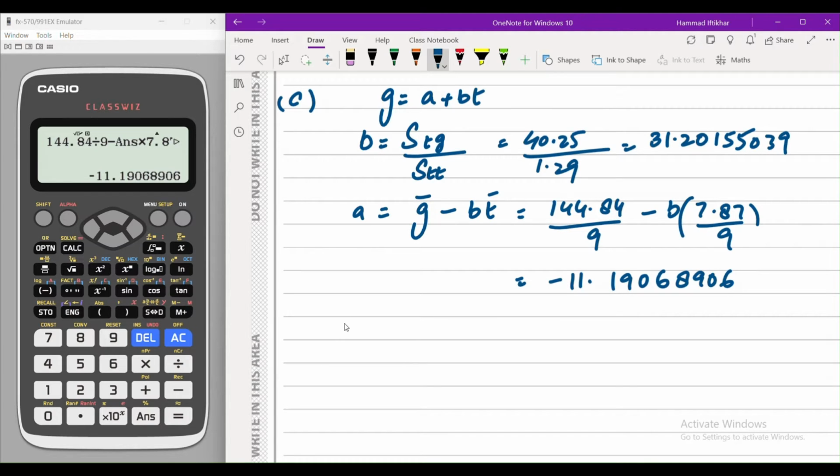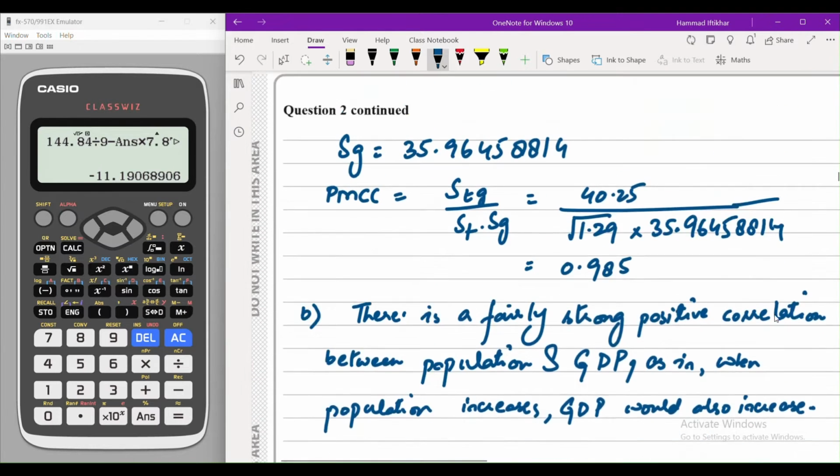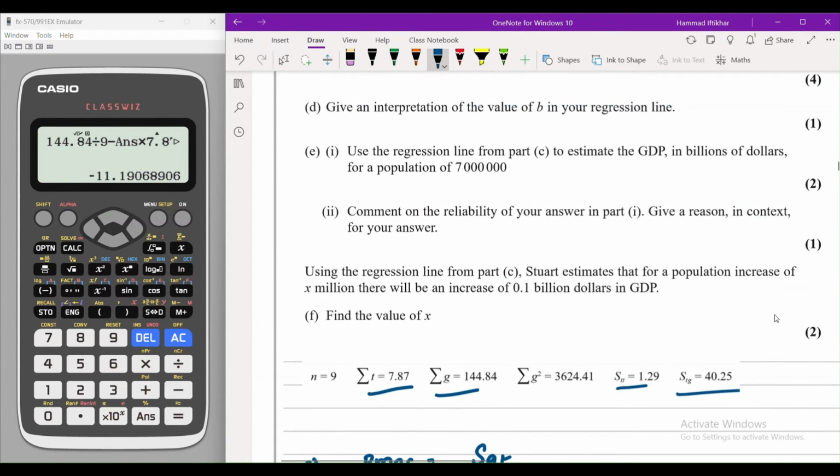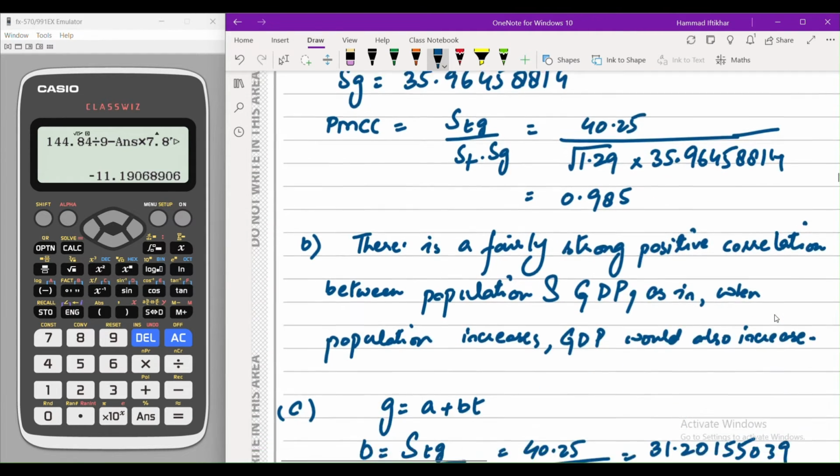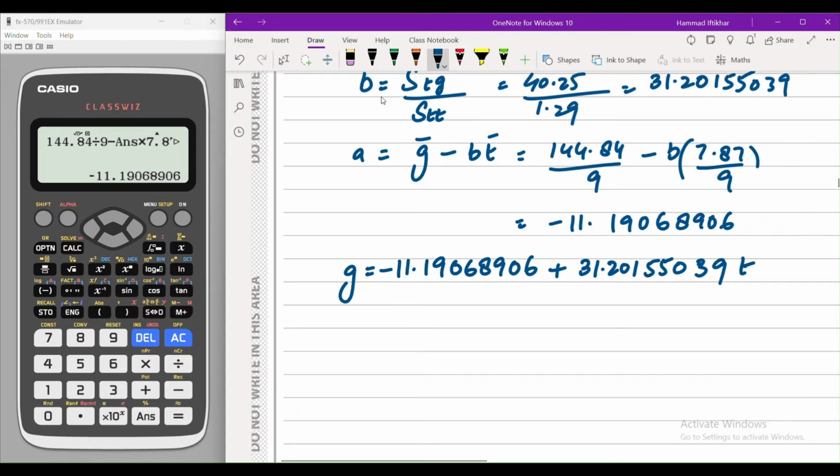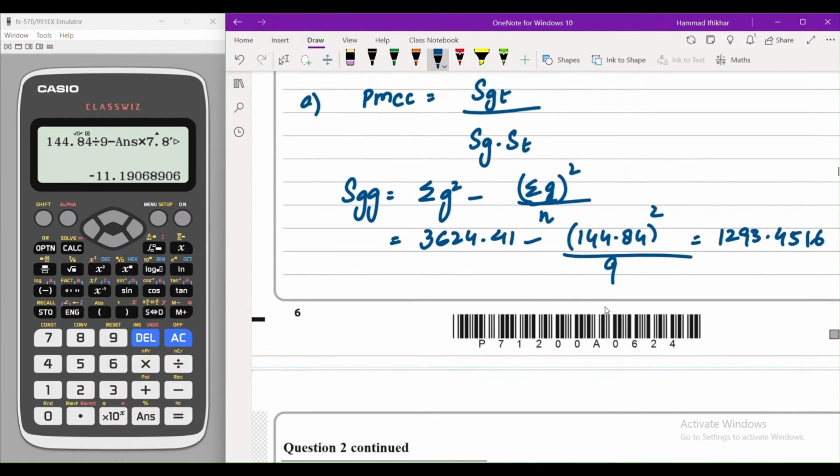So G is going to be minus 11.19068906 plus B, which was 31.2015503, times T. This is with maximum possible accuracy, but we can tone it down to three significant figures. So G equals minus 11.2 plus 31.2 T.